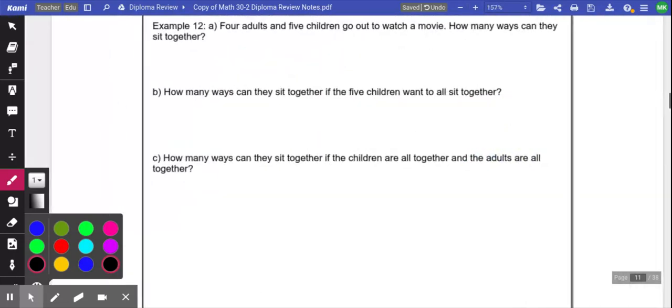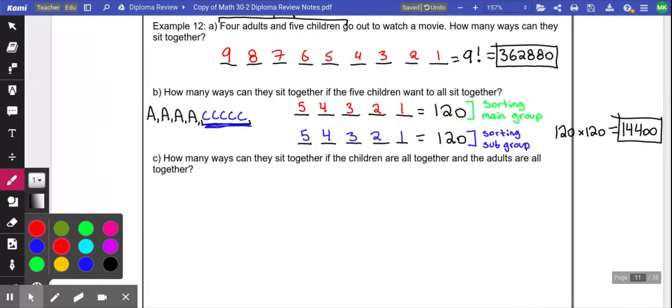Now, we want to sort the main group, but it's going to look like this. We have all the adults, 1, 2, 3, 4, and I treat them as one group. Then I have all the children, and there's 5 of them, so 1, 2, 3, 4, 5, and I treat them as one group. I still have 2 things I need to sort.